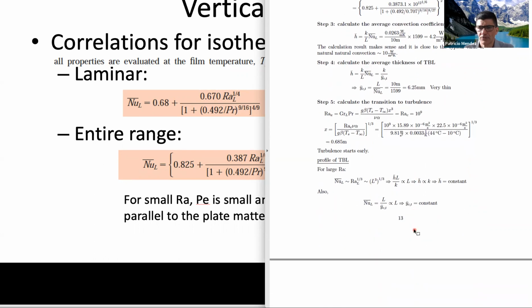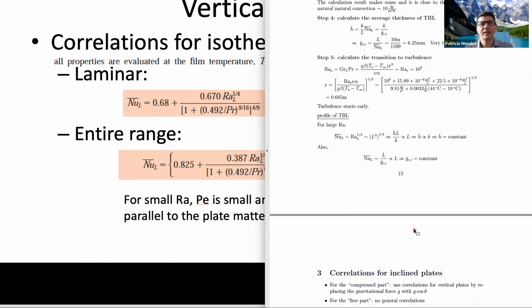Let's calculate another interesting thing. When does turbulence start? We know at the leading edge, at the very bottom of the chimney, natural convection is laminar. Just same as in a flat plate in forced convection, because at the beginning, it's always laminar. It gets turbulent downstream when the Reynolds number gets big, or in this case of natural convection, the Rayleigh number gets big.